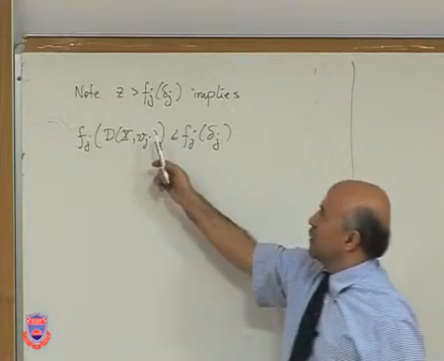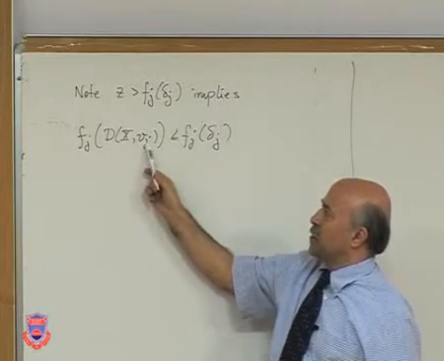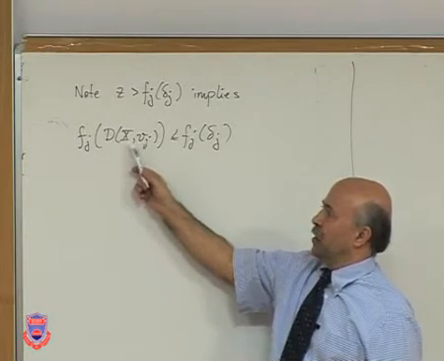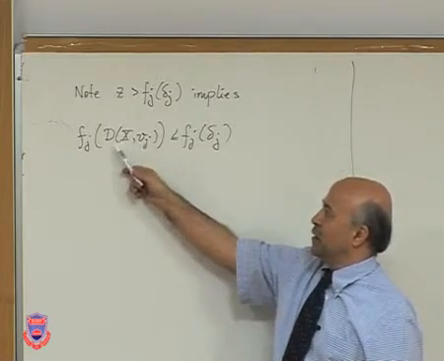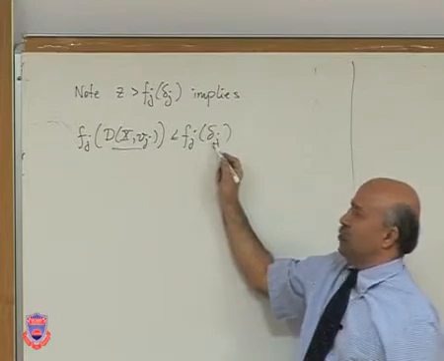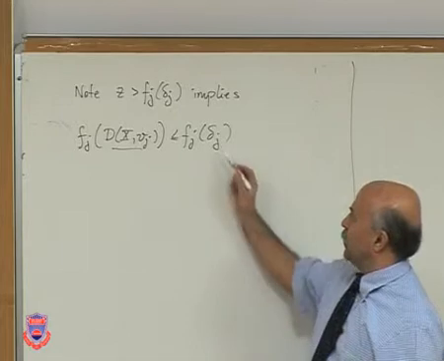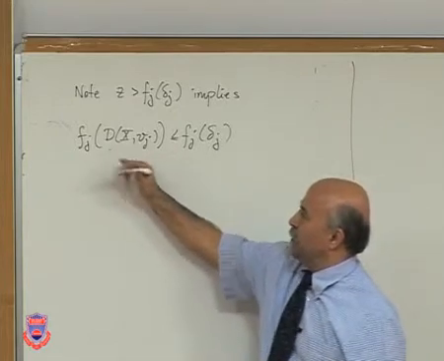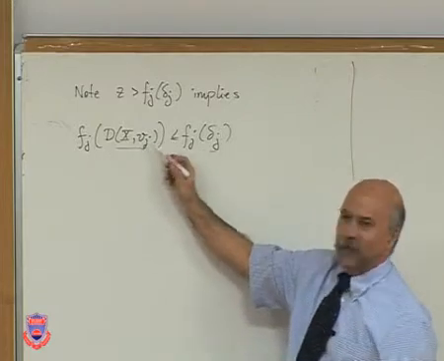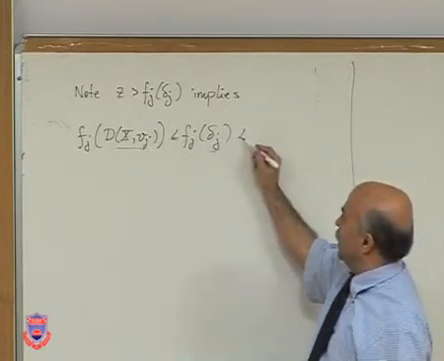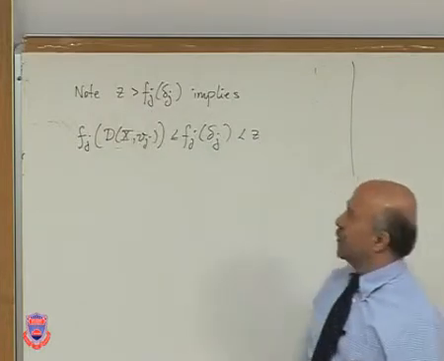Well, in this case, if z is greater than Fj delta j, I know that the closest distance of vj to the point set X will certainly be less or equal delta j, because delta j is the farthest you can go away. And because of the monotonicity, this being less or equal delta j means Fj of that is less or equal to Fj delta j. But that is strictly less than z by assumption.